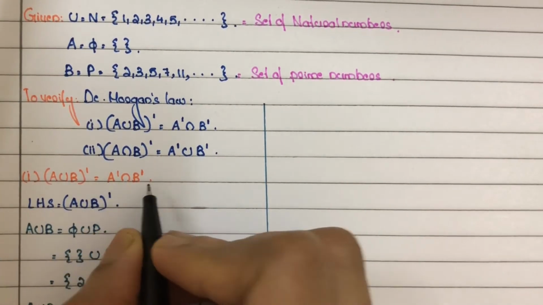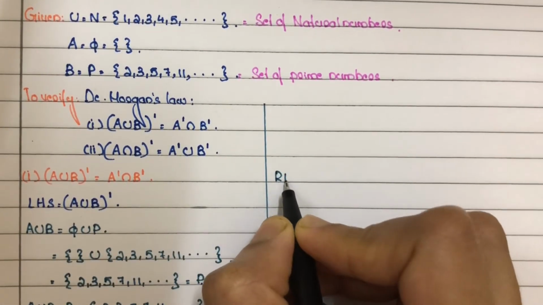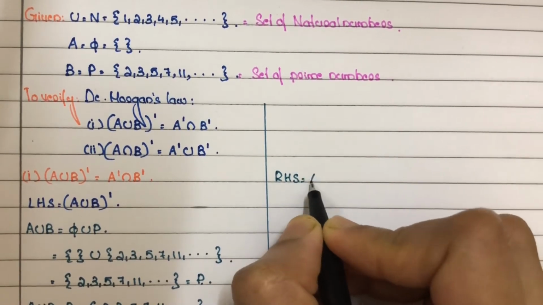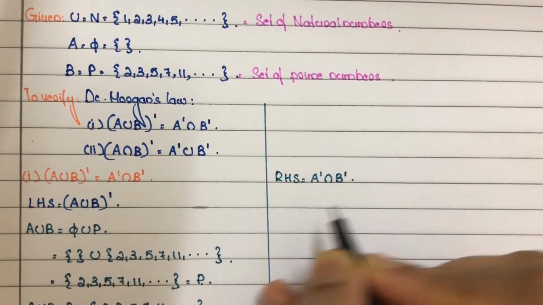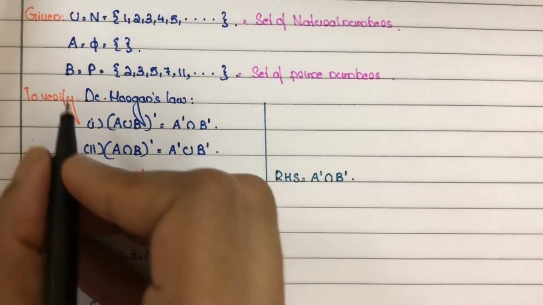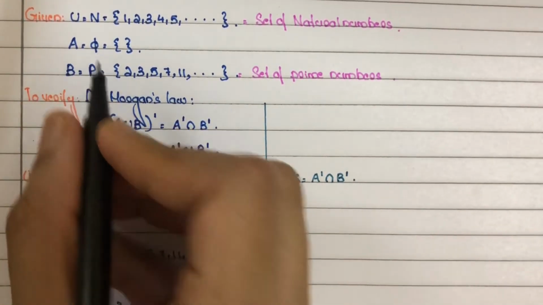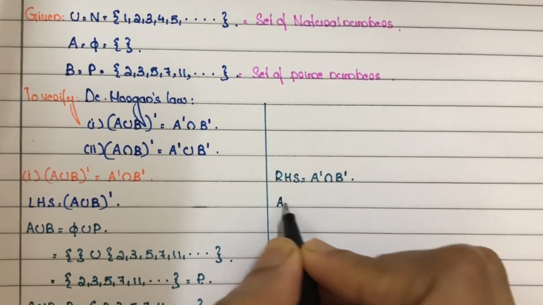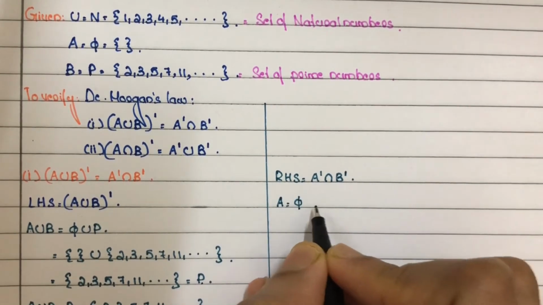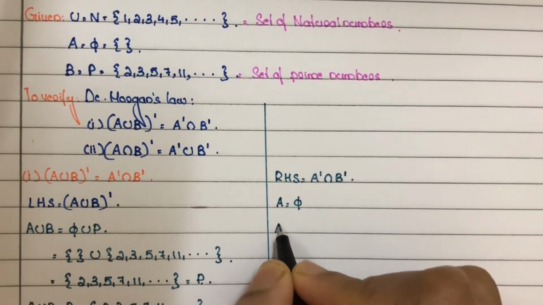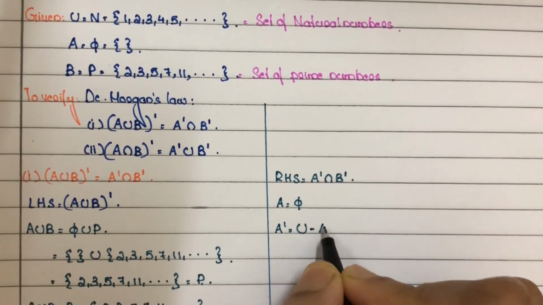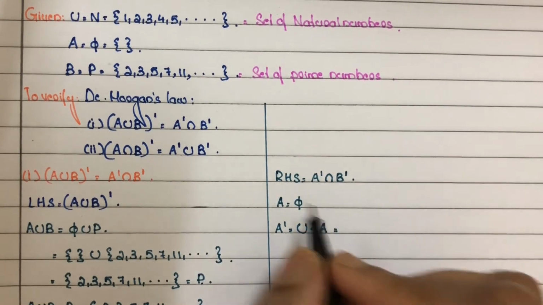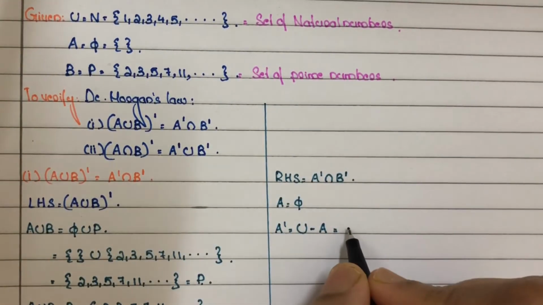Consider RHS. RHS equal to A complement intersection B complement. A is given as 5, the null set. So A complement is equal to universal set minus A. Universal set is set of natural numbers. Substitute it.